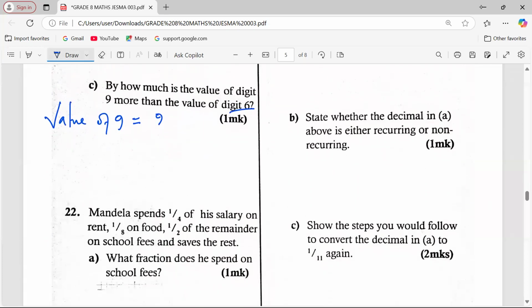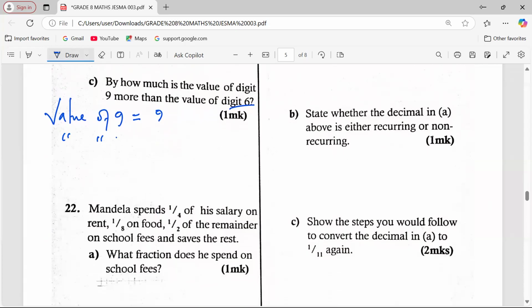The value of 6 is 6 multiplied by 0.01, which is 0.06. Now the difference will be 9 minus 0.06, and the difference is exactly 8.94.